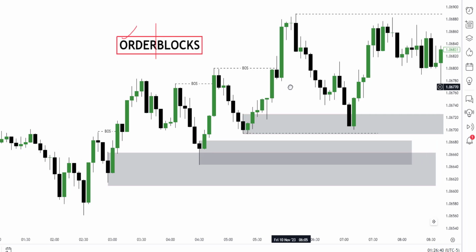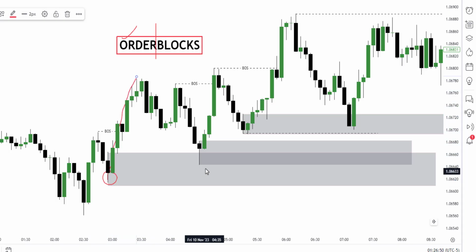At every point in this uptrend, we see price coming back to a point and then a sudden move in that direction, again and again. Each of these points that creates a very significant move is a zone where there is a block order, a large financial transaction by the institutions.